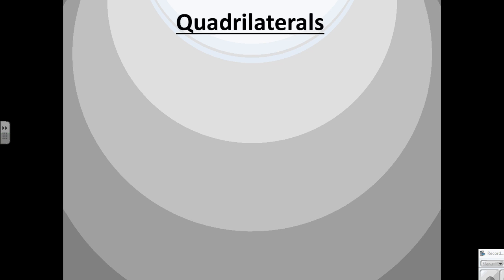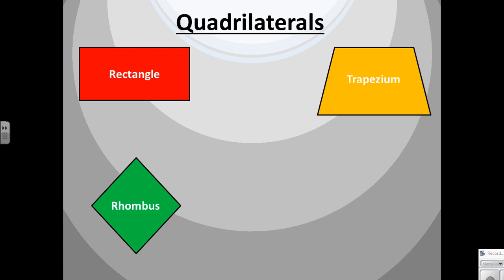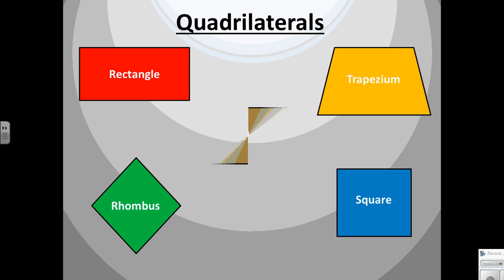As I said before, a quadrilateral must have 4 sides. So what do you think? Which shapes do we have in geometry which have 4 sides? Let's see. We have the rectangle, the trapezium, the rhombus, the square, and the parallelogram.